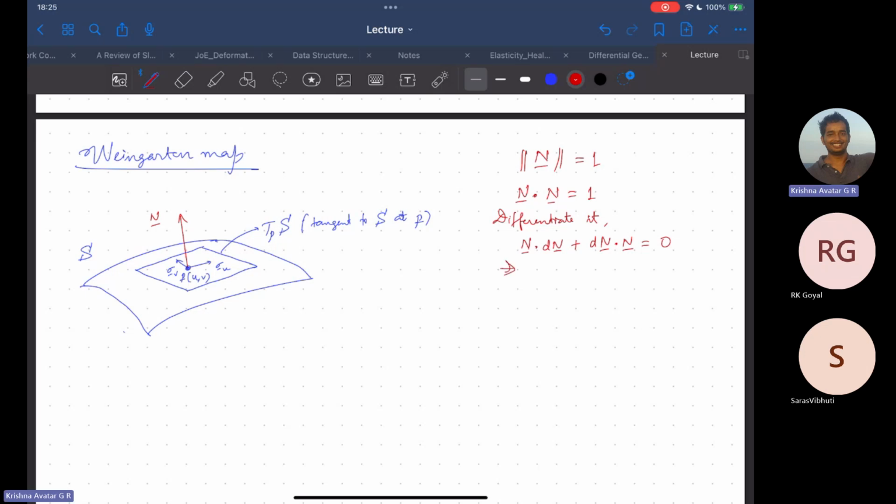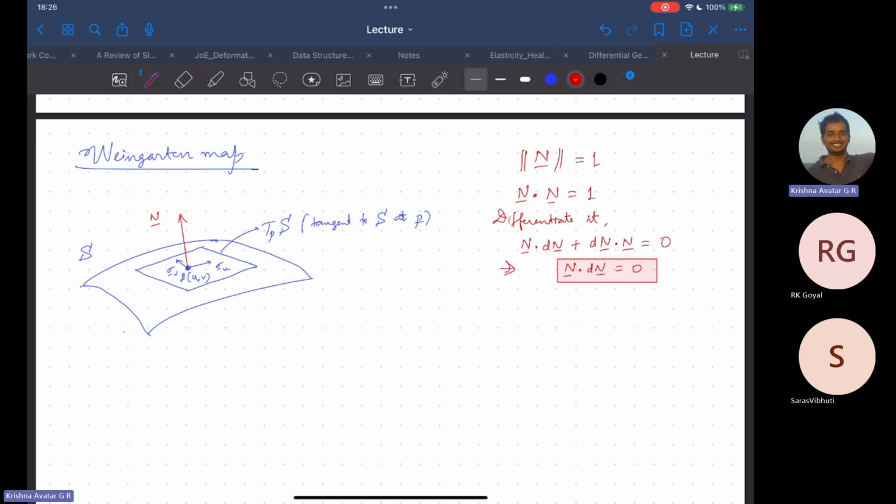And by the commutativity of the inner product, this gives us n dot dn is equal to 0. This is very fundamental, and we are going to use it here.